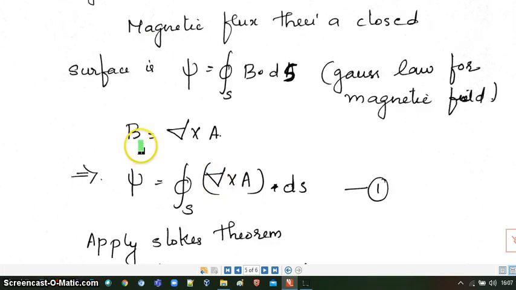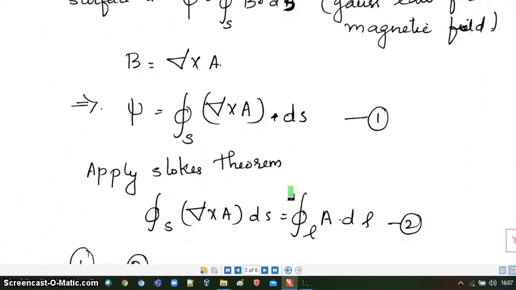Now we know B is equal to del cross A. So psi is equal to, in place of B substituting del cross A, the integral of del cross A ds. Next I am going to apply Stokes theorem, which says that the surface integral of the curl of a vector, here del cross A ds, is equal to the line integral of A dl.